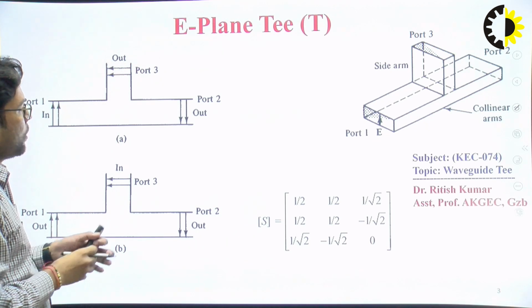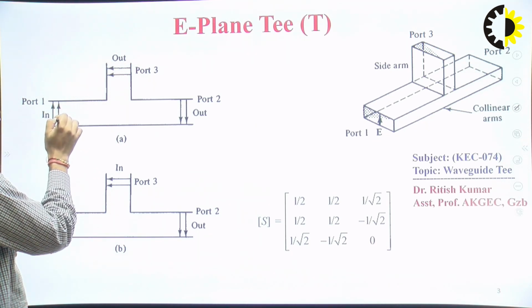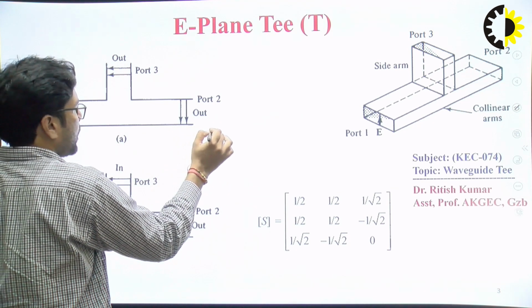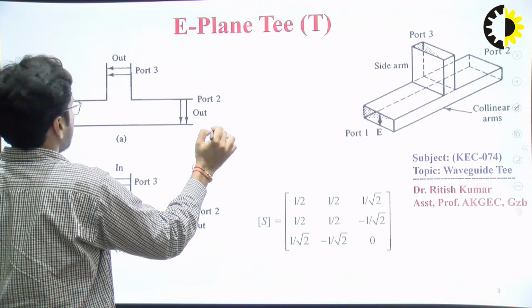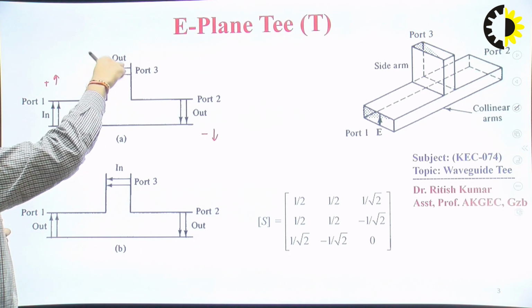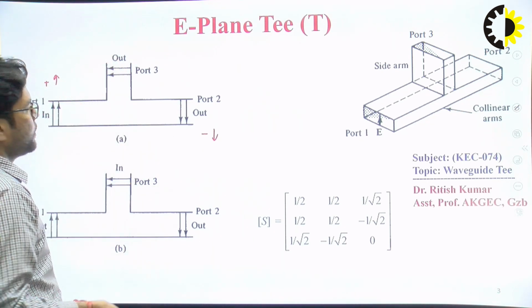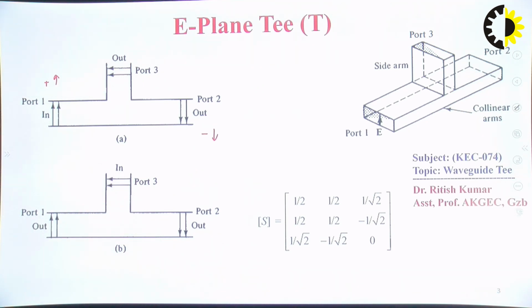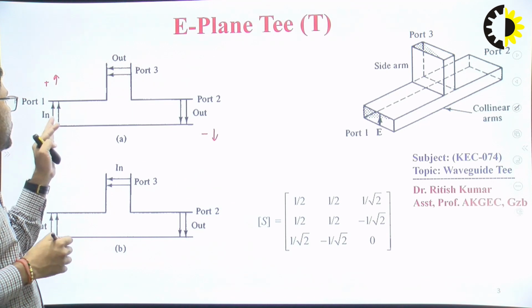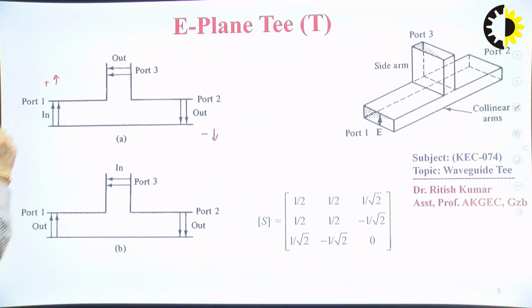So you can observe here this arrow in the positive y direction, and this arrow in the negative y direction, right? So with the help of this auxiliary arm you can change the direction of the electric field from upward to downward, or you can say the phase shift between the input port and the output port is exactly 180 degrees.